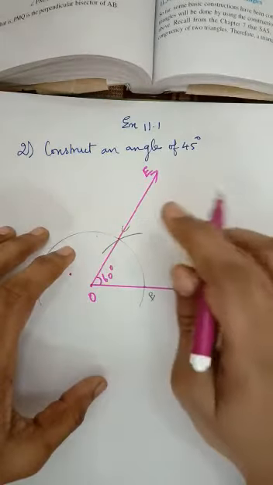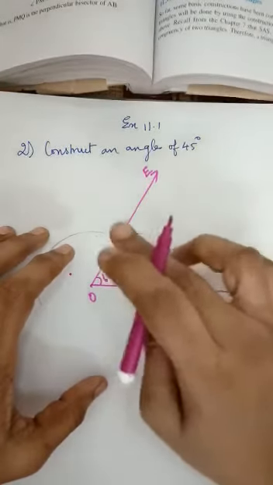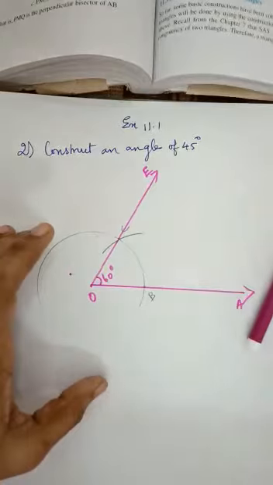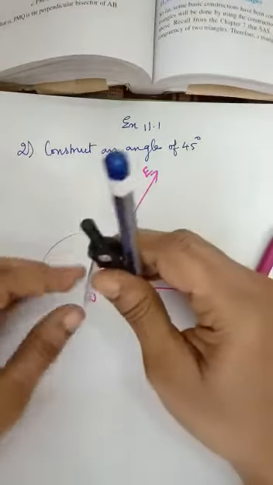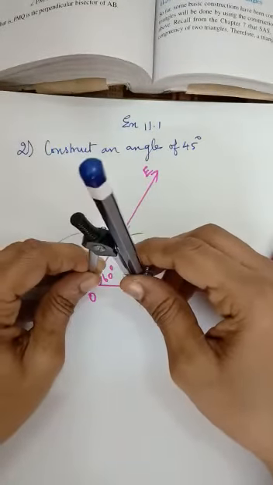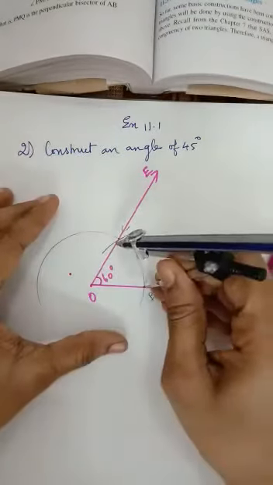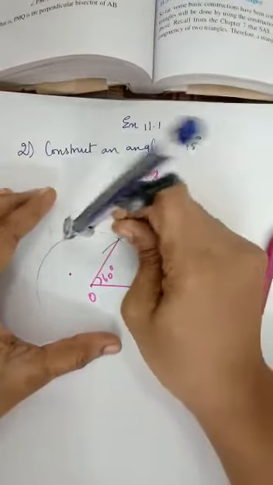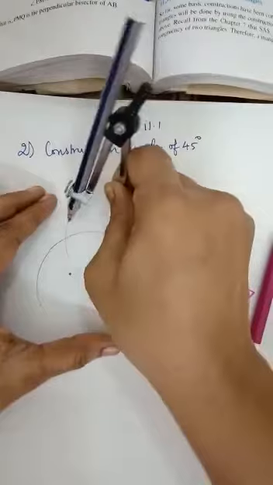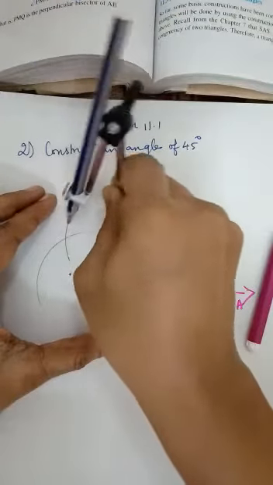Now I have to construct 90 degree. Already you have learned that, same radius. Taking C as center, draw an arc which is intersecting the previously drawn arc.